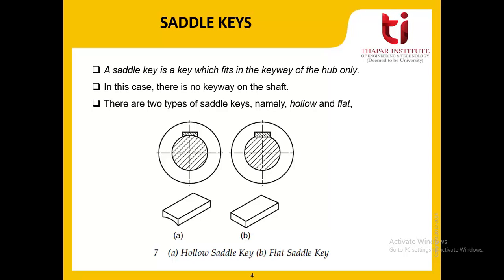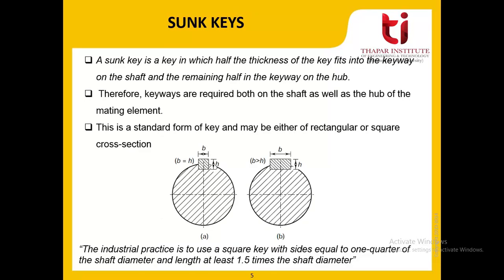But what happens in saddle key, since the keyway is present only in the hub, particularly at the higher torques, there will be a significant amount of relative motion. So another requirement is that the keyway must be present at the shaft as well as at the hub. So these types of keys are called sunk keys.